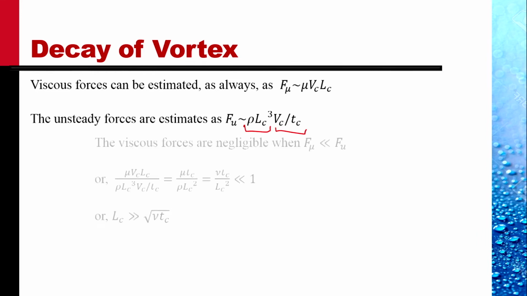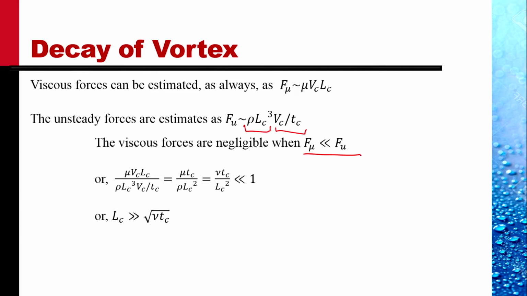And so the viscous forces are negligible whenever F mu is much less than F u, which gives us that the characteristic length is like under root nu Tc. If we take the characteristic time as the actual time, then the radius of the core would be like the characteristic length, and that varies like under root nu T, as a square root of time.